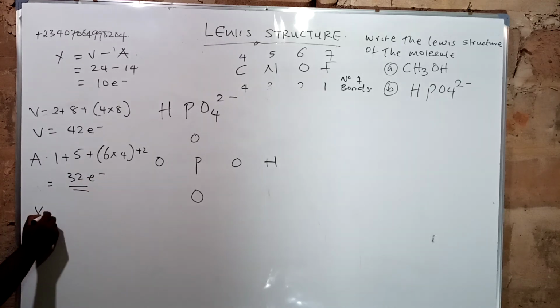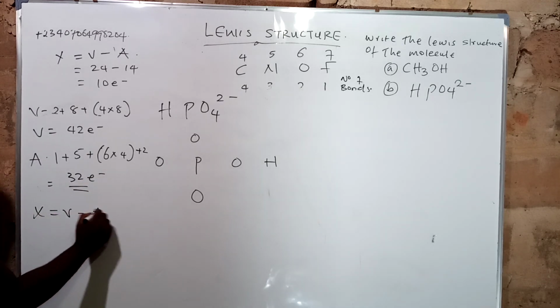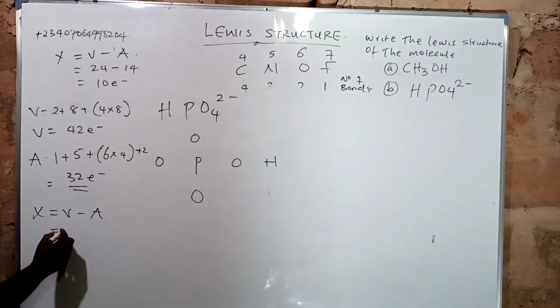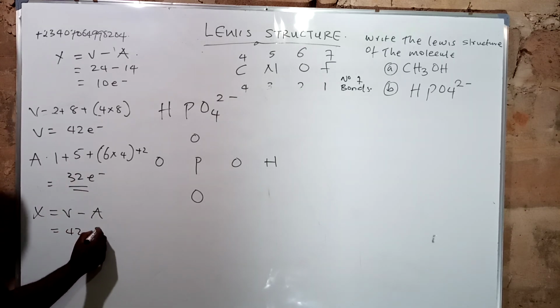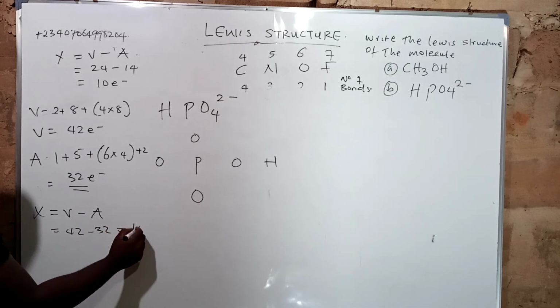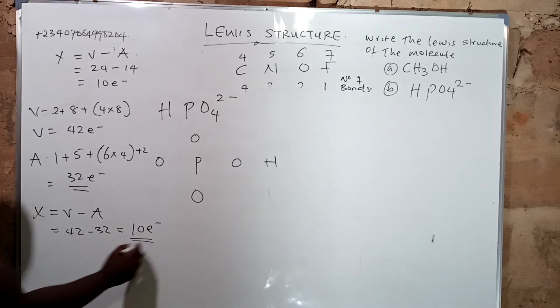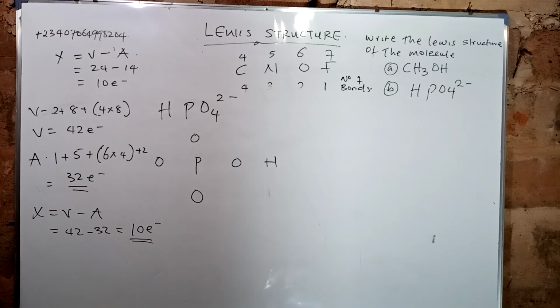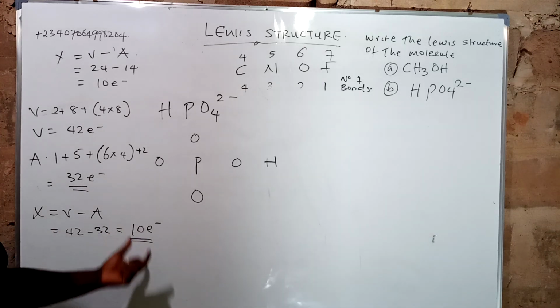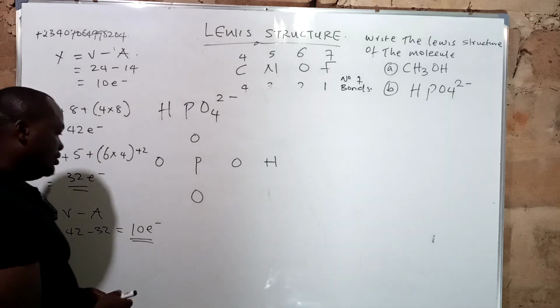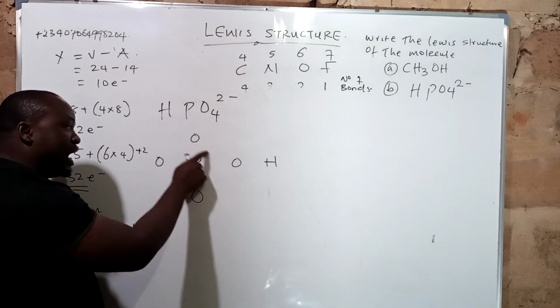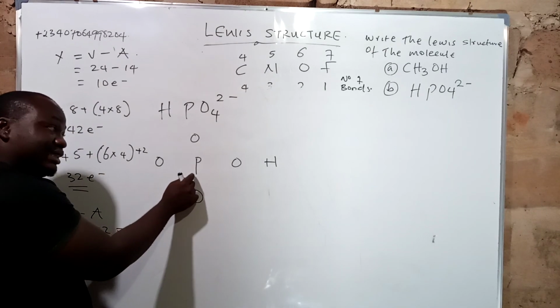And so your S, which is V minus A. So your V, which is 42 minus 32. And that should give you 10 electrons. Now remember, you are to pick only 4 pairs of electrons, which is what? 8, right? And then distribute around the central atom. This is central, not here.